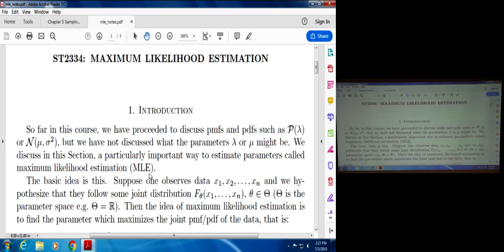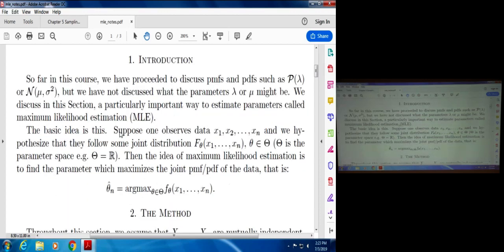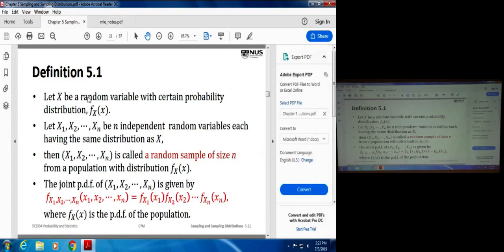Basically it's very important actually. I don't think you should take a course on probability and statistics without knowing what this is. It's called maximum likelihood estimation. So this is the idea, as we had in this previous definition. This definition says I've got a random variable x, it has a probability distribution f.